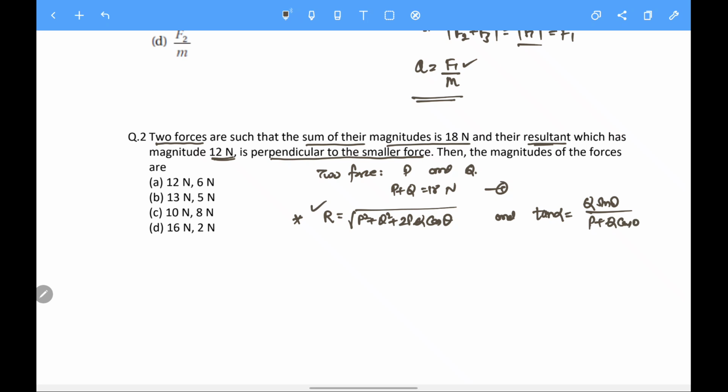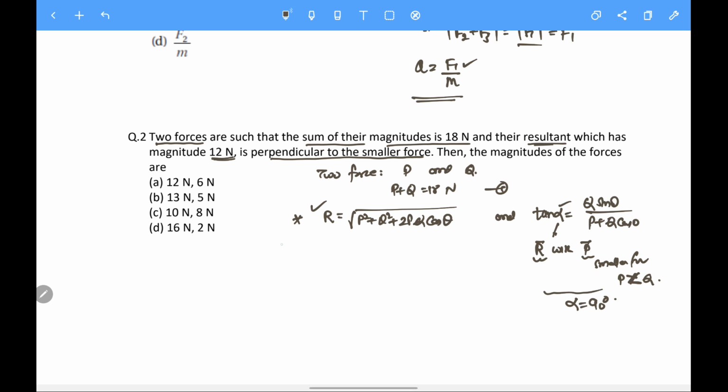This alpha is the angle made by resultant vector R with vector P. Here question is saying that resultant is perpendicular to smaller force. This is the smaller force. It means P is less than Q, and in this condition angle alpha is 90 degree.